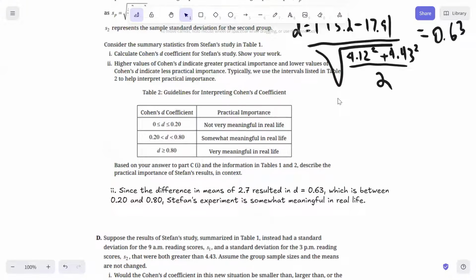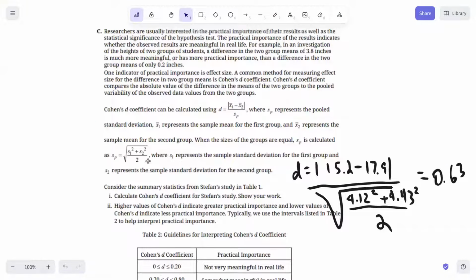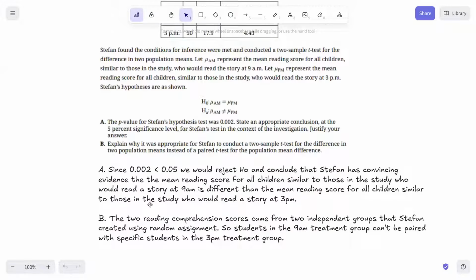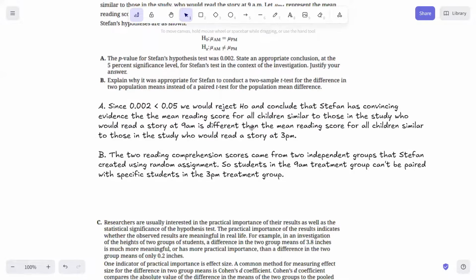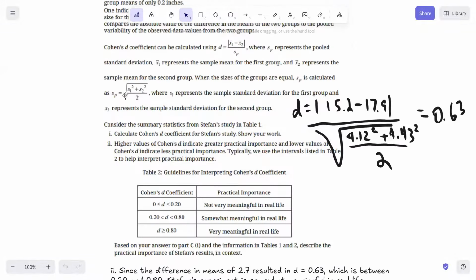Explain your answer. Well, notice how Cohen's coefficient is calculated. It's the difference in sample means divided by the pooled standard deviation. Now, both standard deviations, if we look back, were 4.12 and 4.43. Now they're saying they're both going to be greater than 4.43.